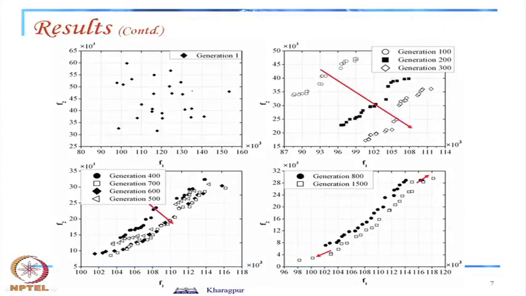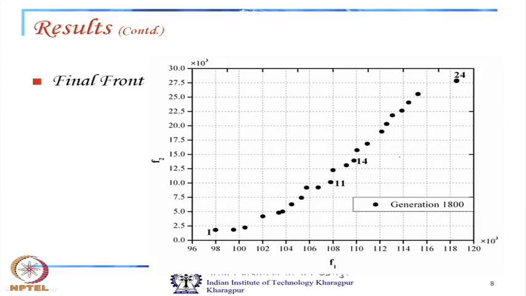So, with different numbers of iterations or generations, let us say this is generation number 1, and this is 100 generation, 200, 300. In the 300th generation, it is moving towards the Pareto front, and with the increase in generation number, it is also spreading in both directions. So, let us say this is our final front.